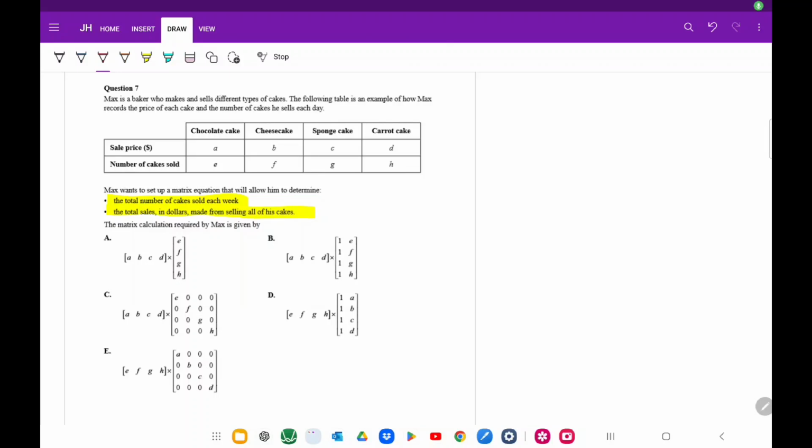Alright, so this particular question wants a matrix that ends up with 2 conditions: the total number of cakes sold in the week and the total number of sales from selling all the cakes.